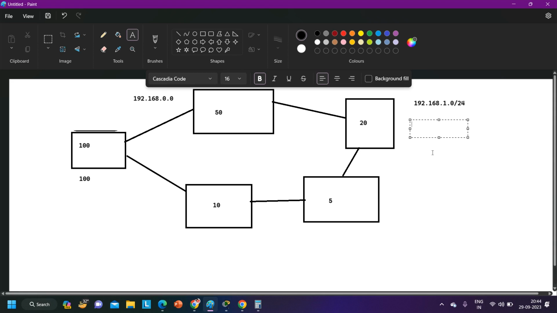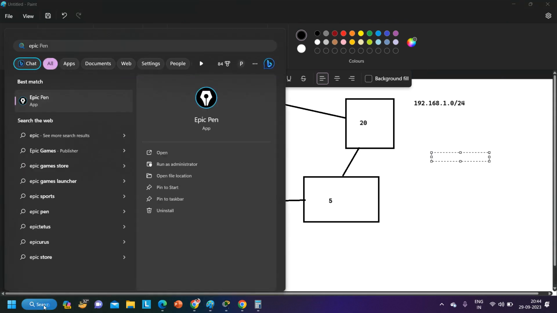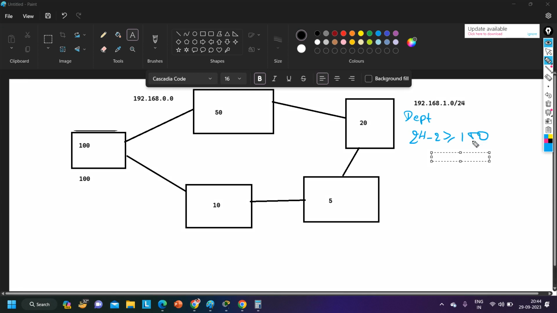Let me use the pen here. I am also solving subnetting after a very long time. See, for department 1 I need 2 to the power h minus 2 to be greater than or equal to 100.